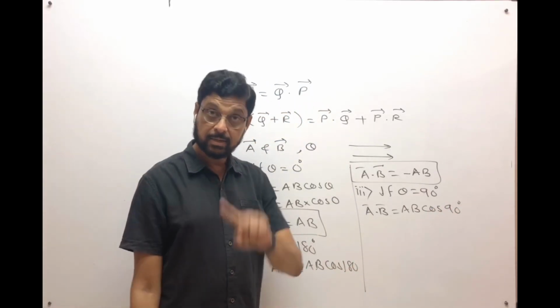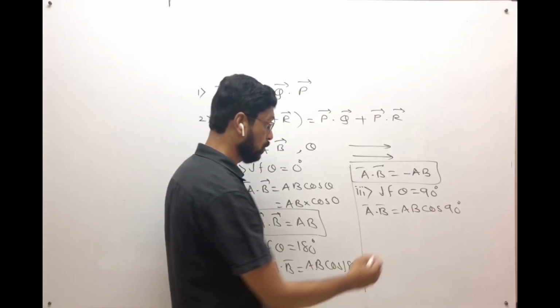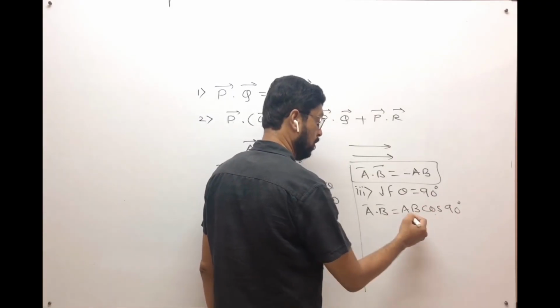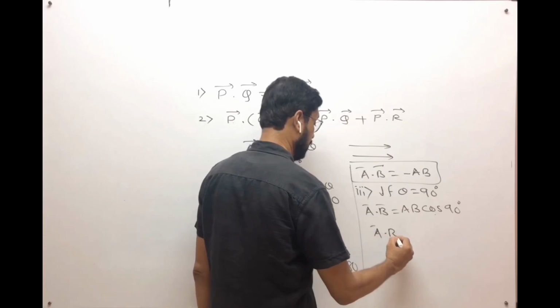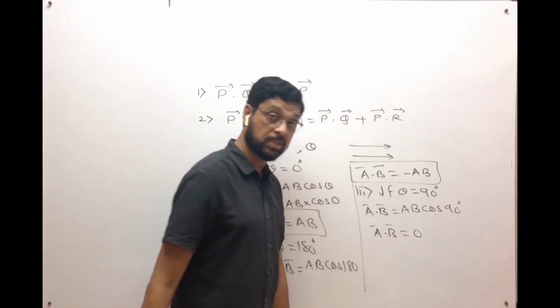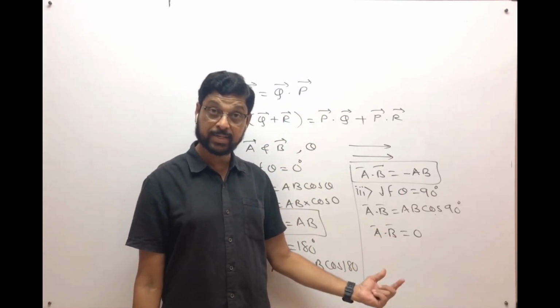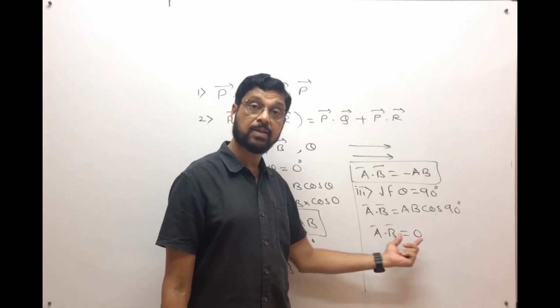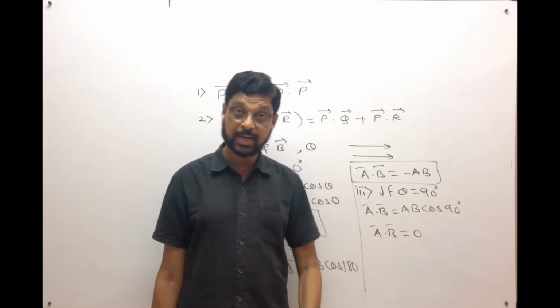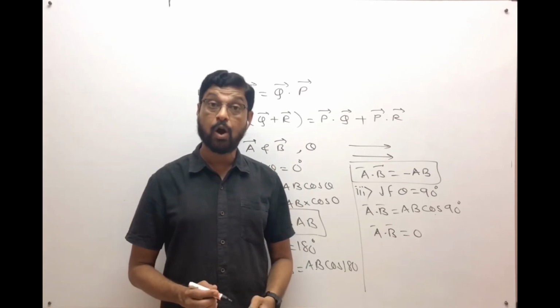It is 0. So AB into 0 will become 0, meaning A dot B is equal to 0. So if two vectors are perpendicular to each other, their dot product is equal to 0. So that is the third characteristic of dot product.